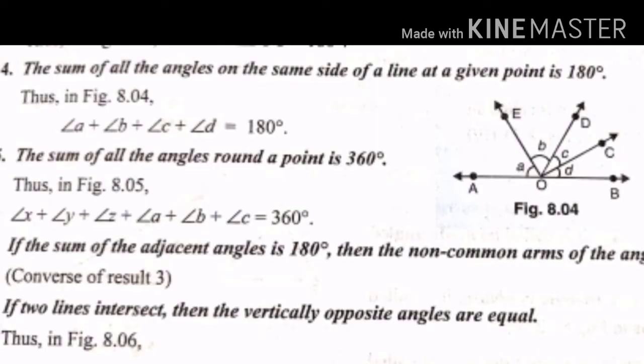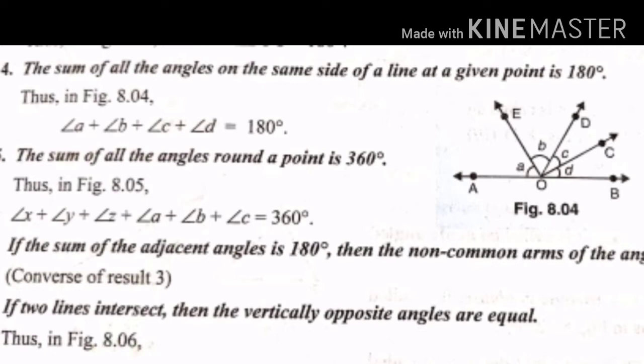Here you can see the figure in which there are four angles formed, angle A, B, C and D. So the sum of all the four angles, because they all lie on the straight line, angle A plus angle B plus angle C plus angle D is equal to 180°. So the sum of all the angles on the same side of a line at a given point is 180°.